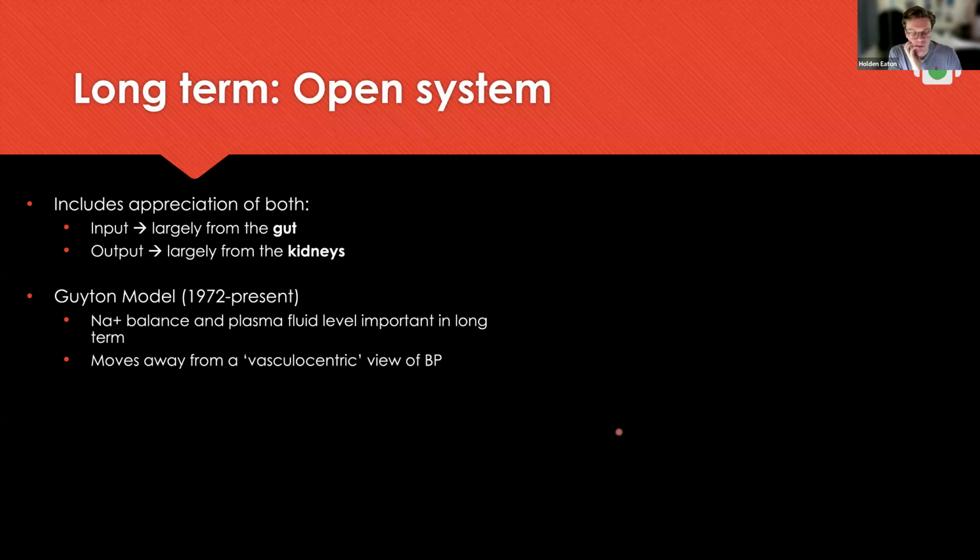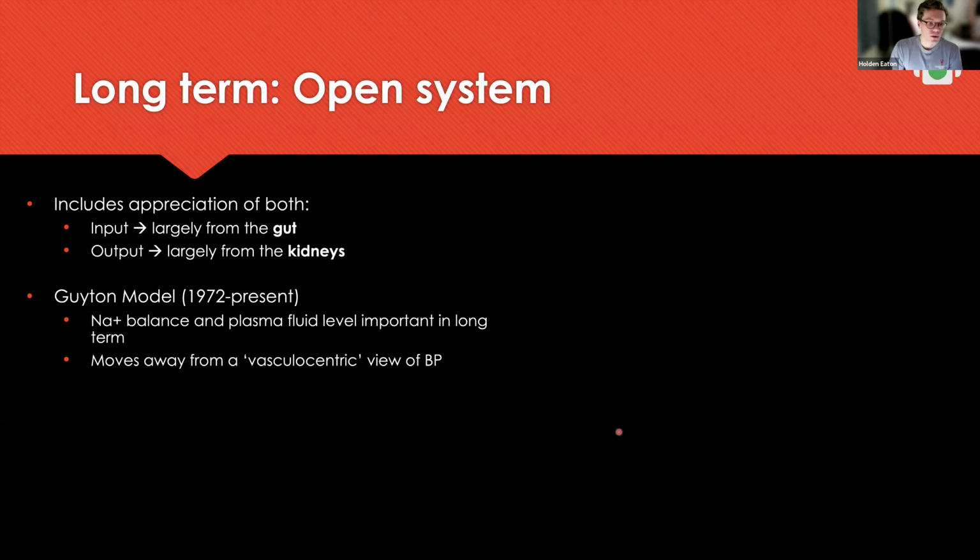It's worth pointing out that this model is not 100% accepted across the field. That's partially because we don't have a perfect model of blood pressure regulation. It's such a complex system that we can only guess at how it works. There's the phrase, all models are wrong, but some are useful, which is important to think about here.